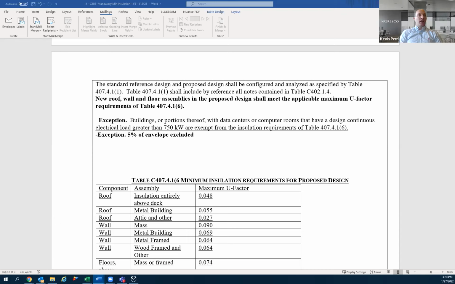So Eric, I do like that, and I do want to encourage the conversation on that. But with keeping time in mind, let me suggest something to the committee and see if this would be acceptable. We can approve this as submitted with intent to modify that one section. If everybody can agree that the exception of 5% of the envelope being excluded is okay, knowing that that percentage will change, then we don't have to spend a large amount of time discussing that or trying to figure out what that number is.